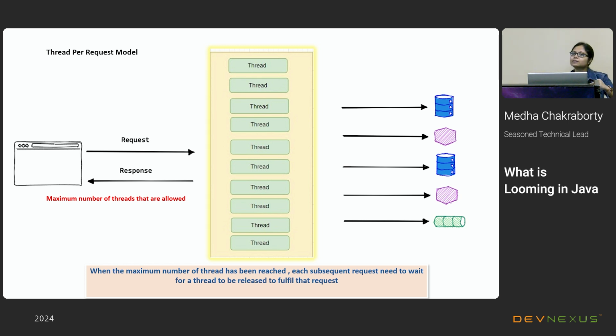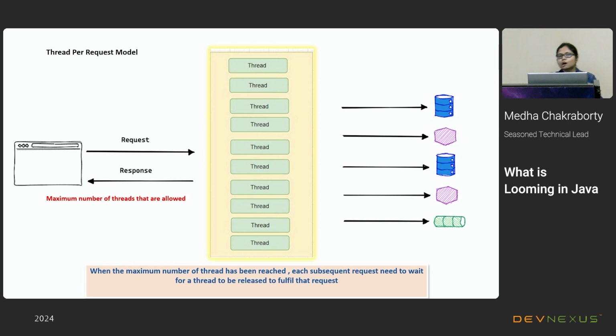Now day by day, the requests and the user base are increasing. But the thing is, your application has a limited pool of threads. So for example, by default Tomcat, which is Spring Boot's internal server, supports 200 threads.